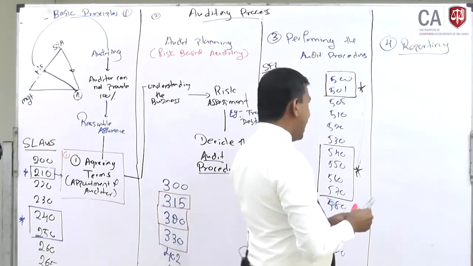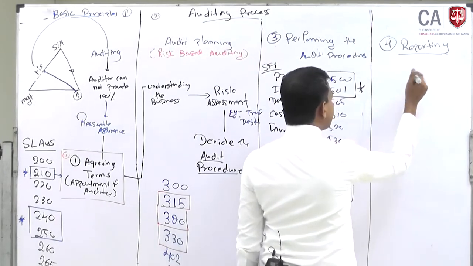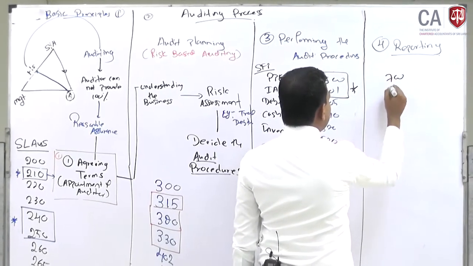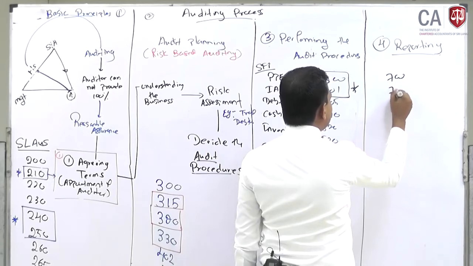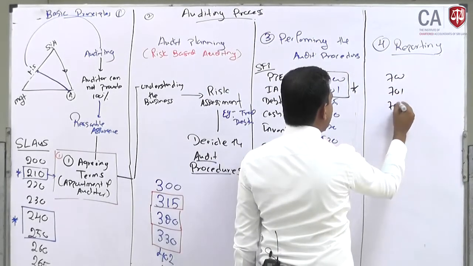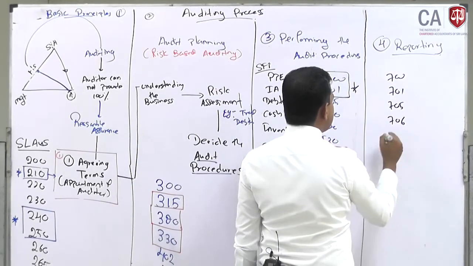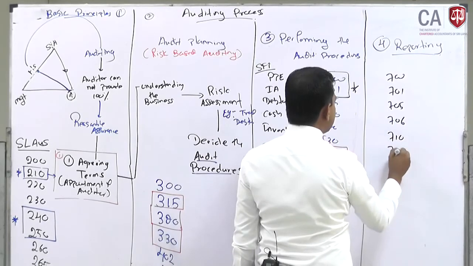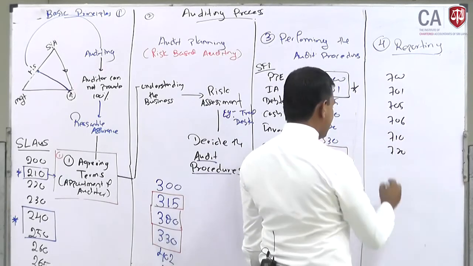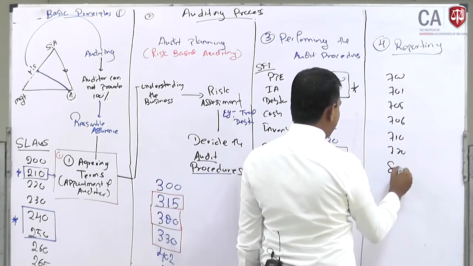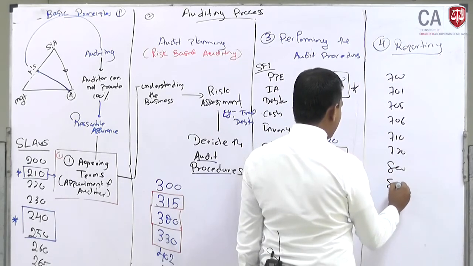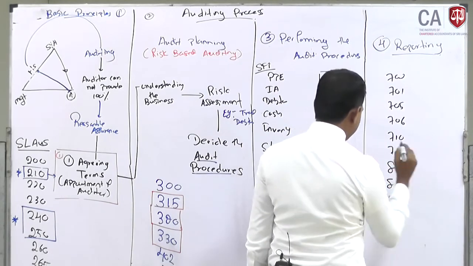Basically, these are the standards applicable for you: 700, 701, 705, 706, 710, 720, right? And then 800, 805 and 810.